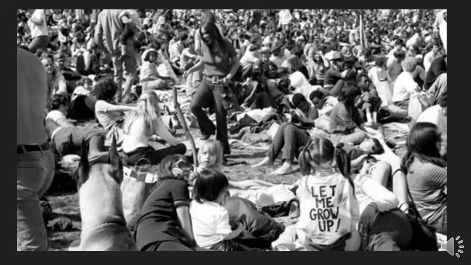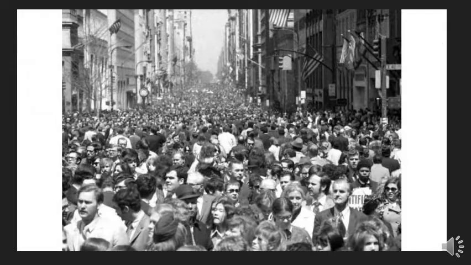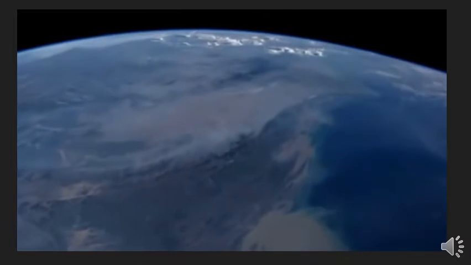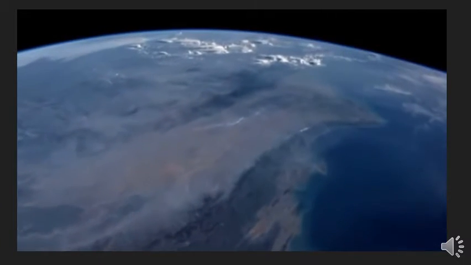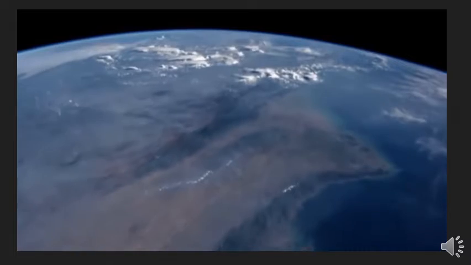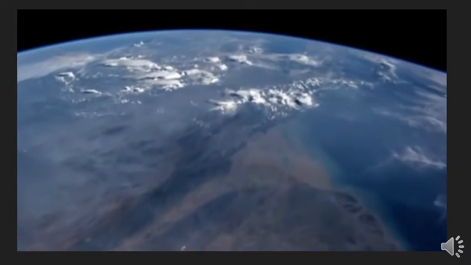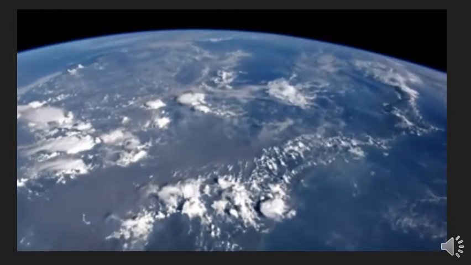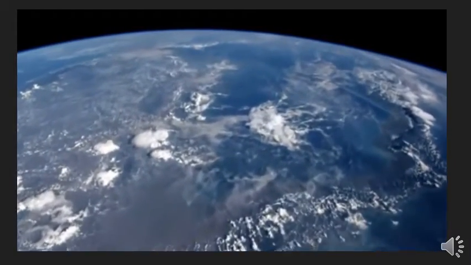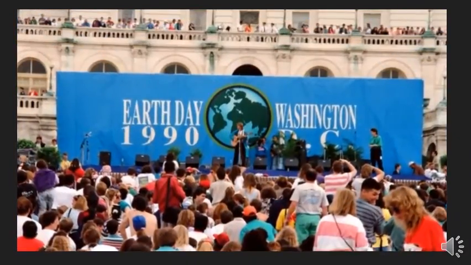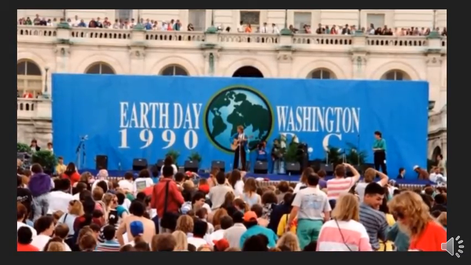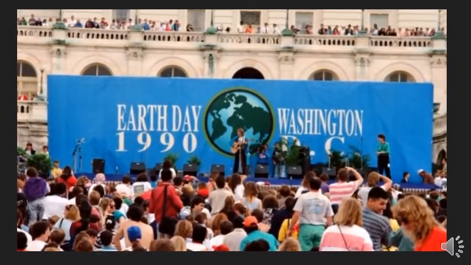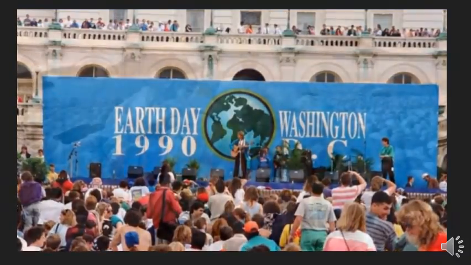More than 1 million people in New York City alone turned out for the demonstration. Originally, Earth Day was celebrated only once every 10 years. By 1990, Earth Day had grown to a worldwide event with more than 200 million people from 141 nations taking part. After the success of the 1990 Earth Day, it was decided that Earth Day should be observed as a yearly event.